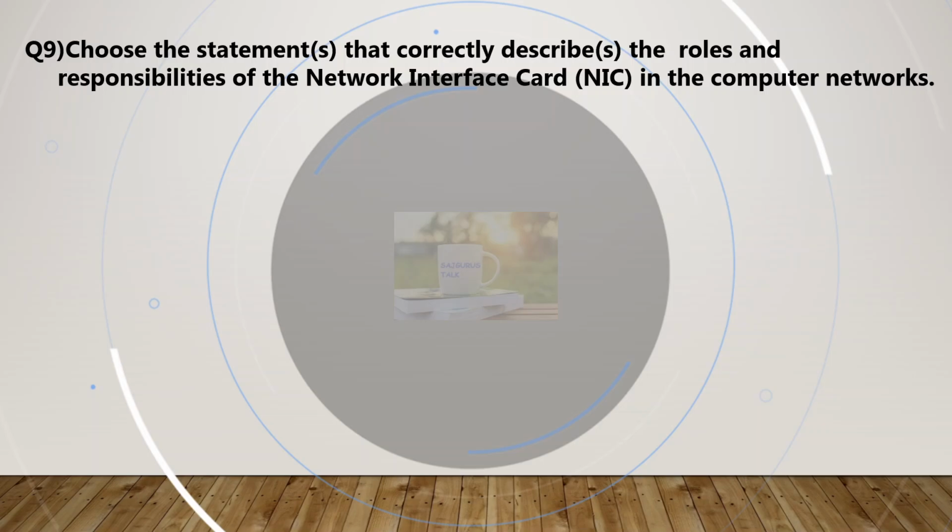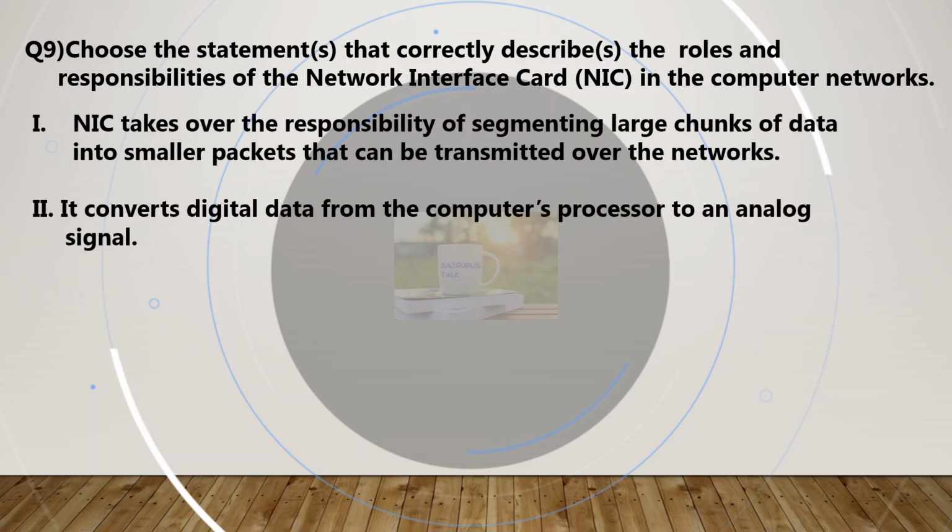So the next question is, choose the statements that correctly describe the roles and responsibilities of a network interface card in a computer network. There are two statements given. A. NIC takes over the responsibility of segmenting large chunks of data into smaller packets that can be transmitted over the network. B. It converts digital data from the computer's processor to an analog signal.